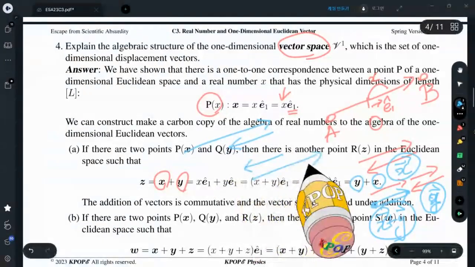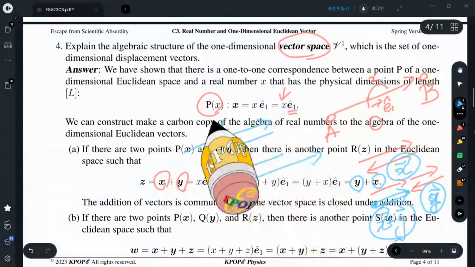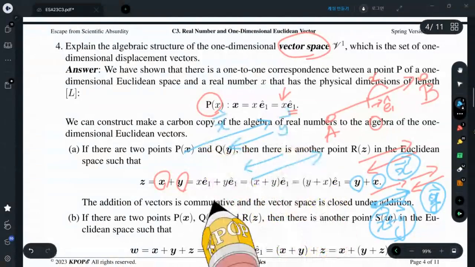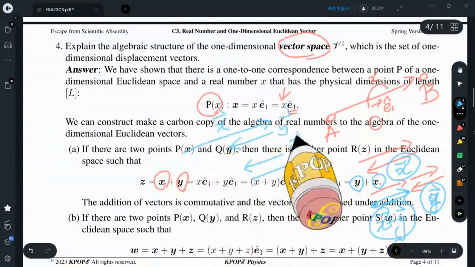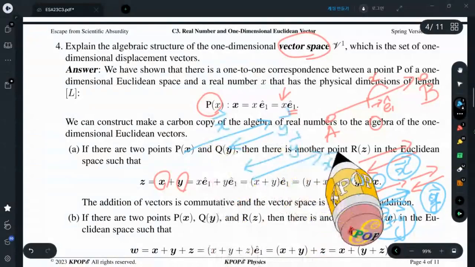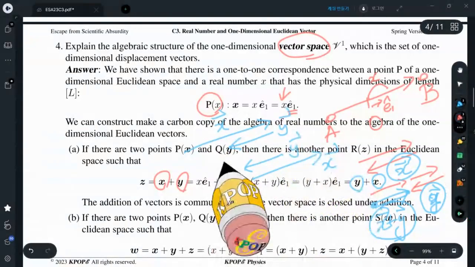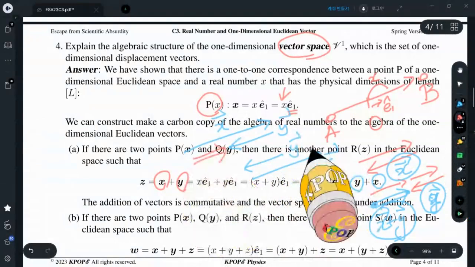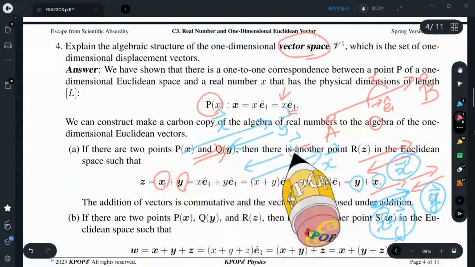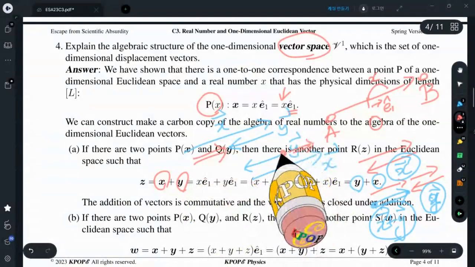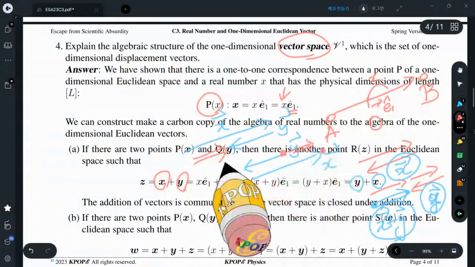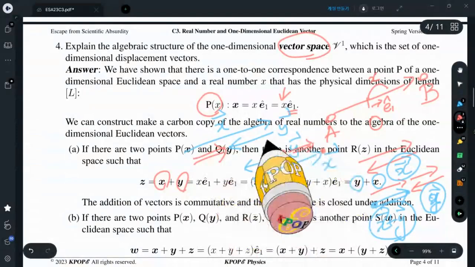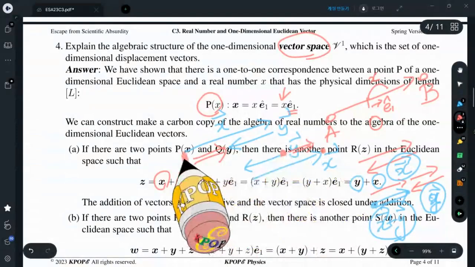So this is the x vector, y vector, and this is the y vector, x vector. Anyway, the final result is the same from the start point to the end point.